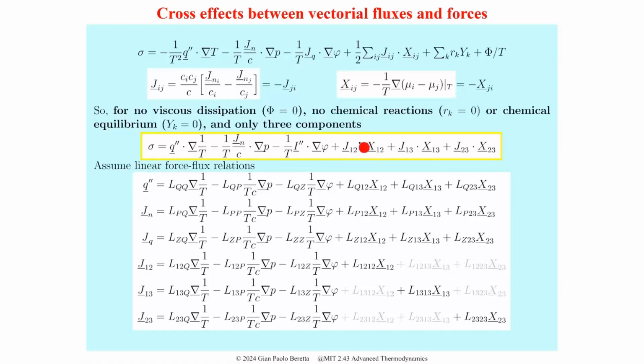So this will be the interdiffusion of particle 1 with respect to 2, of particle 1 with respect to 3, of particle 2 with respect to 3. And then we have the diffusion of electrical charge related to the gradient in electrostatic potential.